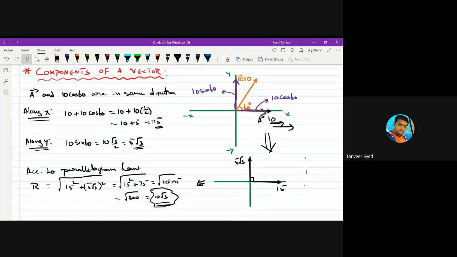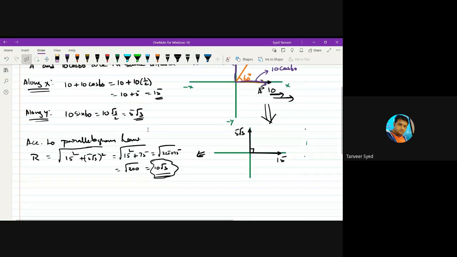So, one point to be noted and to be understood here. In the coming topics, we will be required to add vectors, or find the resultant of two or more vectors. Wherever you have to do this, first of all observe the vectors, how they are, what is their direction. If the given vectors are all along the horizontal direction, no problem, you can simply add them. All along the vertical direction, no problem, you can simply add them.